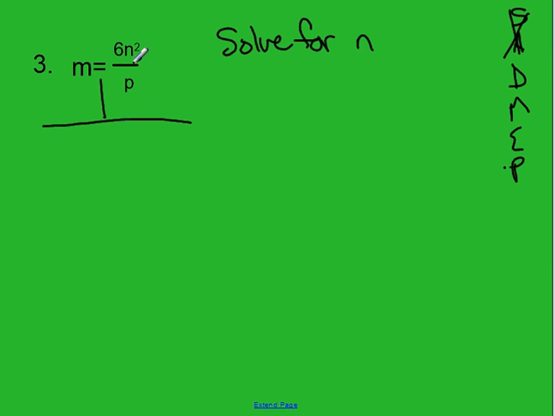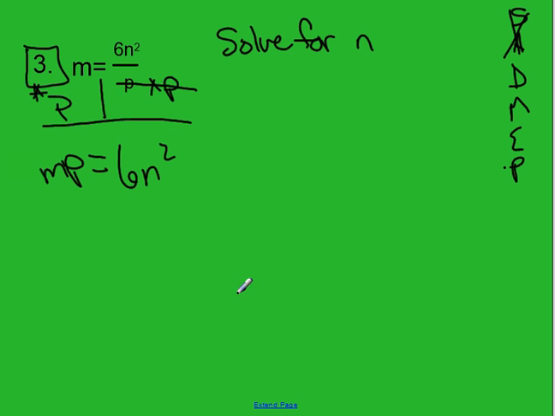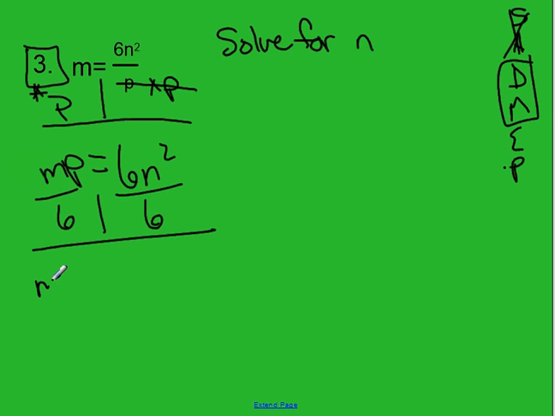I will get rid of this divided by p by multiplying both sides by p, which gives me mp on the left-hand side. This number 3 is just example 3, equals, my p and my p cancel, leaving me 6n squared. I'm not done with my division and multiplication. I have to cancel this 6, so I'm going to divide by 6, leaving me mp over 6 equals n squared.